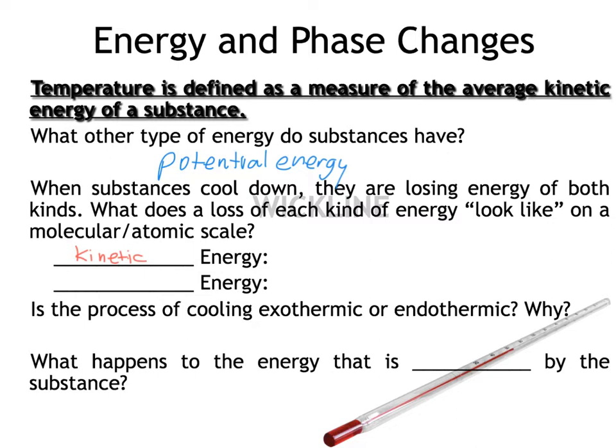So as substances lose kinetic energy, the particles will vibrate less and less. And as substances lose potential energy, you would notice that the particles are moving closer together. So as they condense from gases down to liquids, down to solids, the particles are getting closer together.